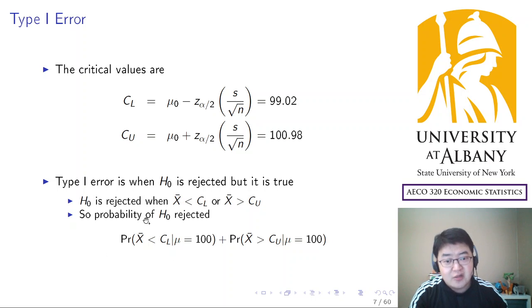You have to calculate this, and maybe now you have a good idea how to handle this. The randomness is coming from X bar, and we know the sampling distribution of X bar. It's approximately a normal distribution. So you are going to standardize these using the mean and standard deviation.